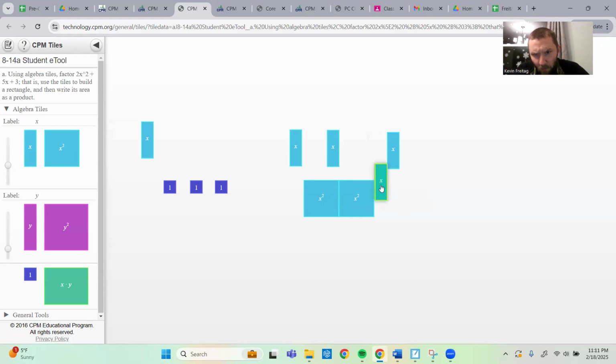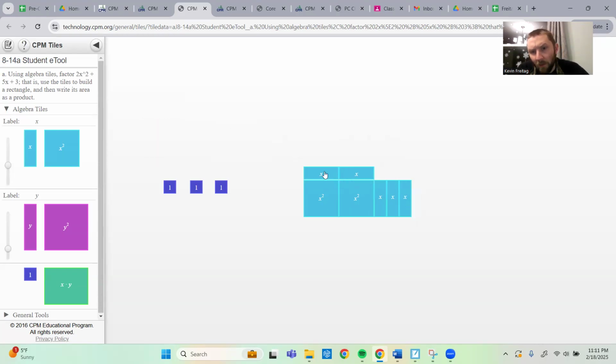As you can see in this arrangement, I have enough individual little spots in my top right corner to put my 3 individual pieces.